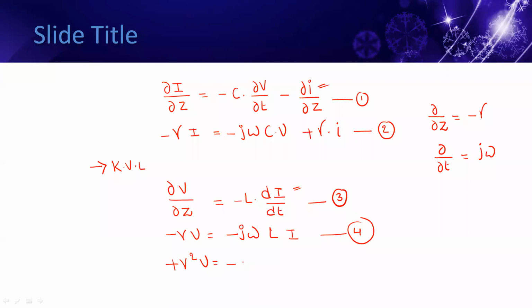So you get minus V omega square LC minus gamma I j into omega L.